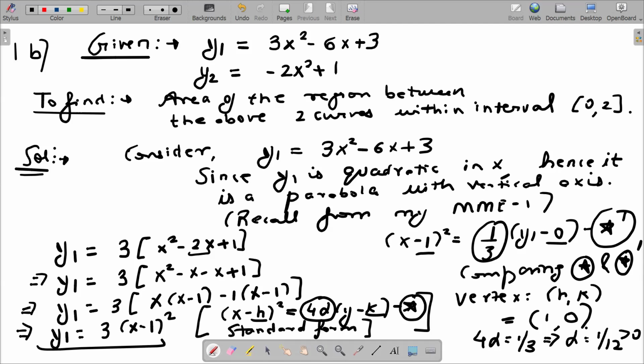Alpha is positive means the parabola is opening upwards. So I can say this is a parabola with vertex at 1, 0 and opening upwards. That means it's U-shaped.